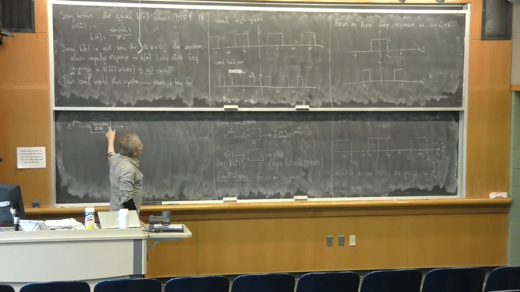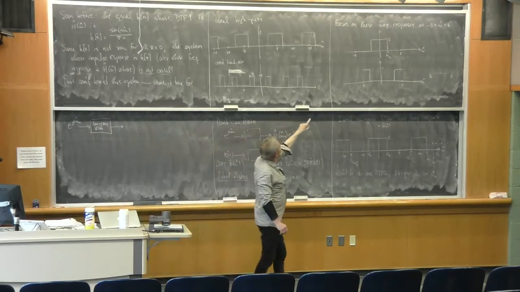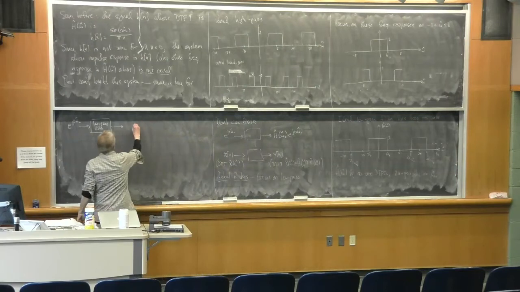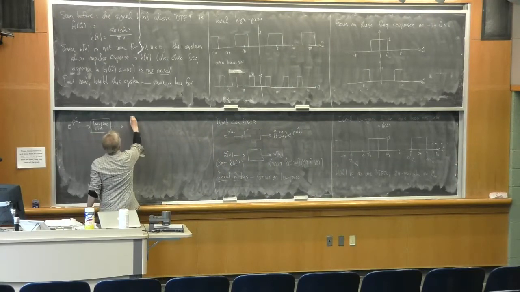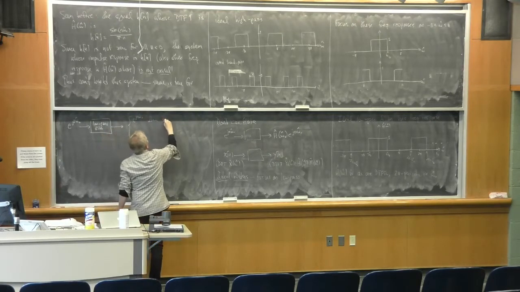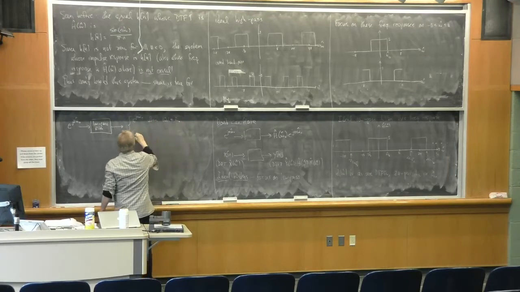If omega 0 hat is less than omega hat b, then this thing goes right through. So what comes out of here is either going to be the signal itself when omega 0 hat is less than or equal to omega hat b, and 0 otherwise.